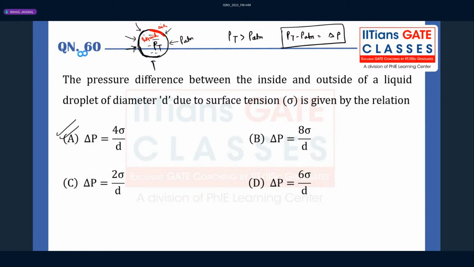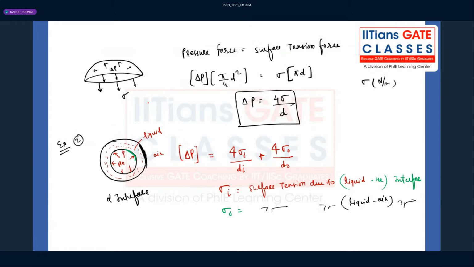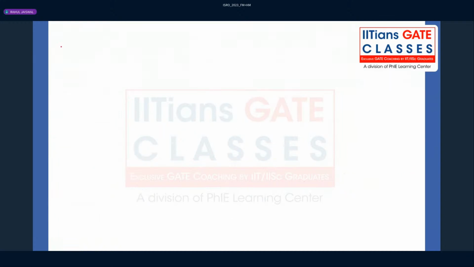Now what will be happening with the soap bubble? Again there will be two interfaces. Example number 3, soap droplet, soap bubble.